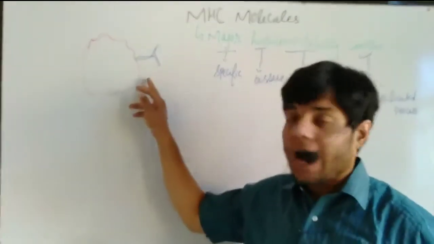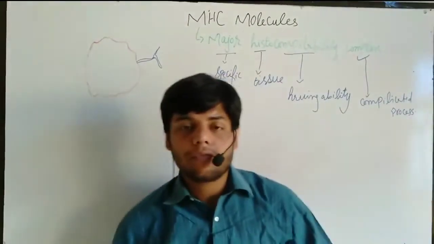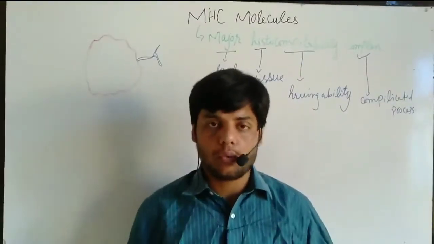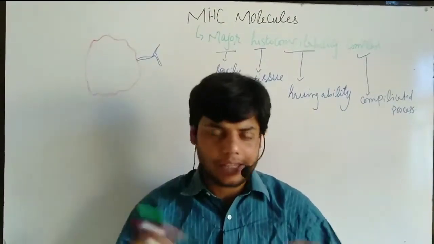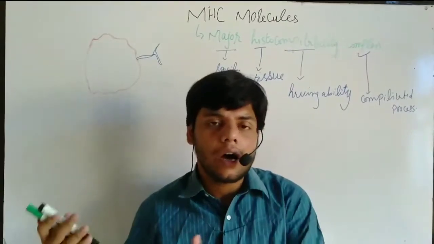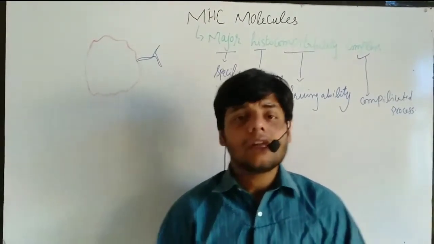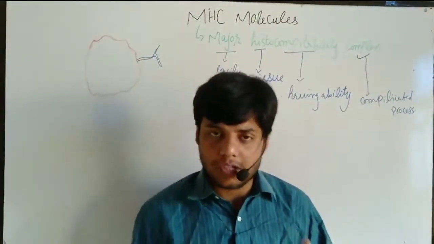MHC molecules are specific to the tissue. Let's suppose there is a special kind of tissue or organ present in my body, such as kidney, liver or eye.